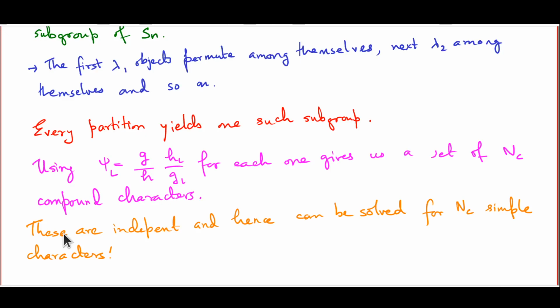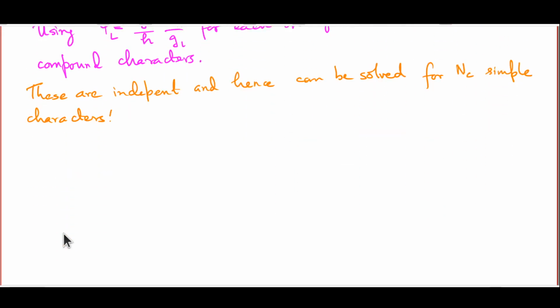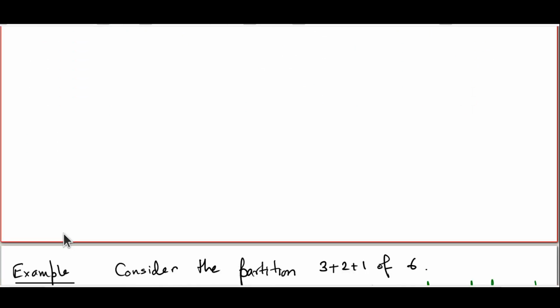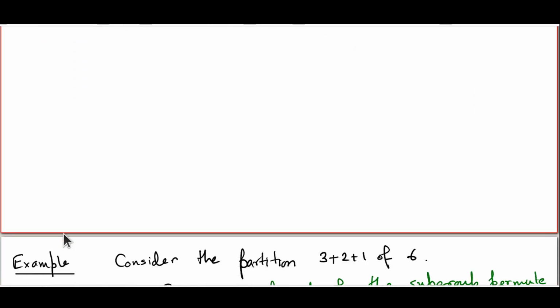But before we jump into the full calculation, let us take a look at a particular example. Remember, we are going to work this out for each partition. So right now let's consider a specific partition of 6, which is just 3 plus 2 plus 1, which makes up 6.